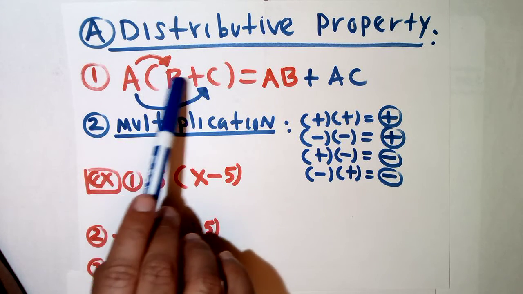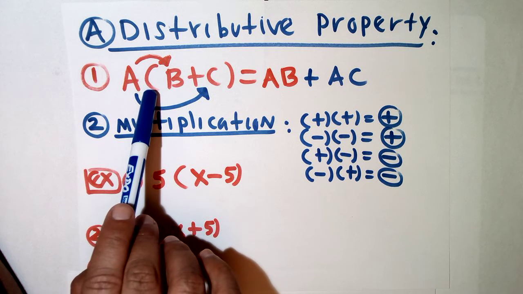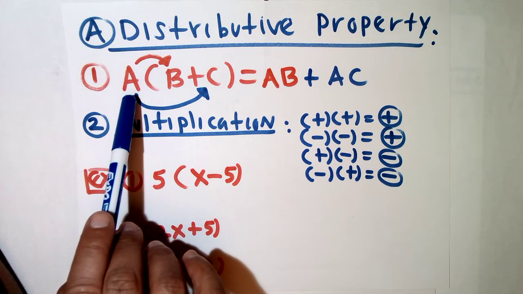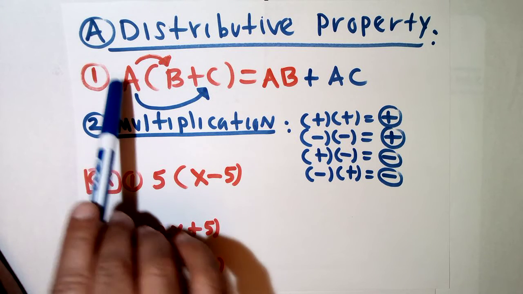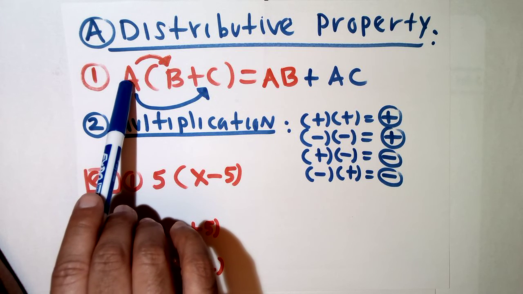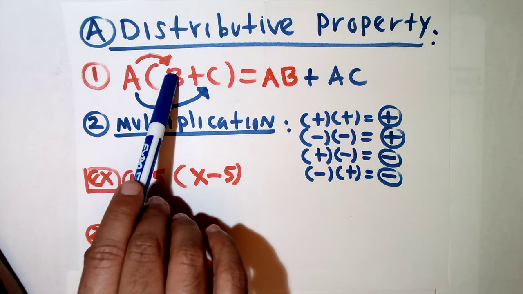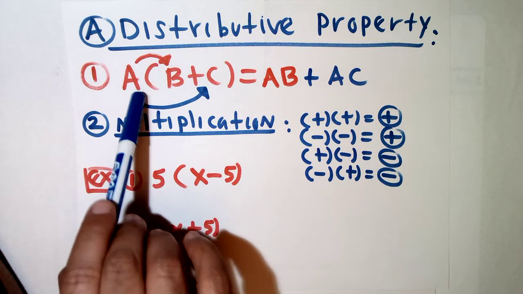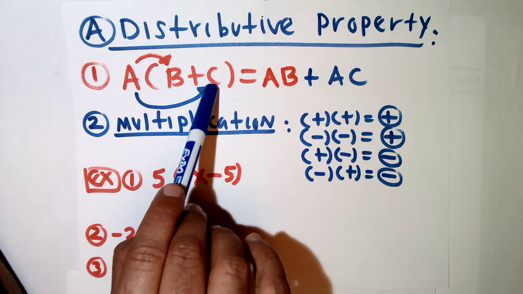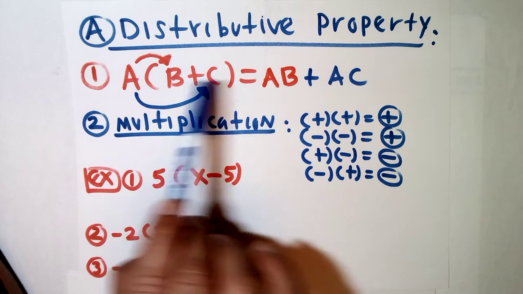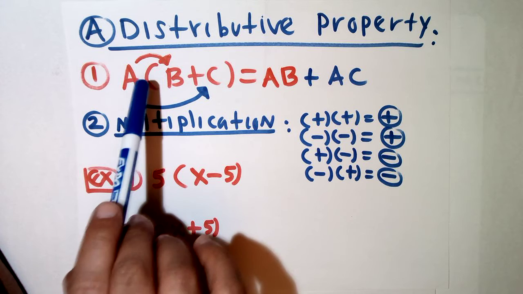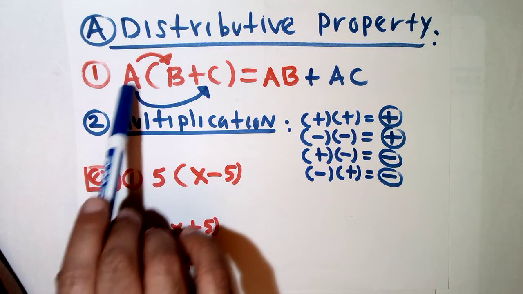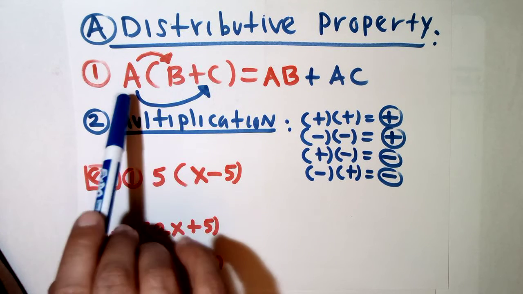In this case, because this is the formula that I'm going to use, everything is positive, so there is no problem. But let's go over it. First, A times B, which is AB, plus A times C, which is AC. Remember that. The main goal is to multiply the outside by everything on the inside.